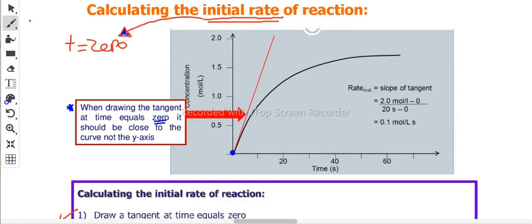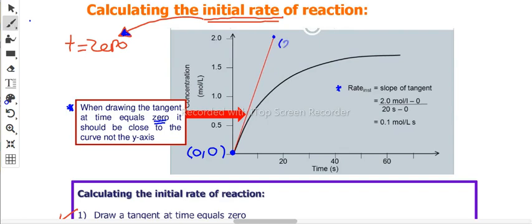After that, you will be calculating the rate, which will equal the slope. So here they took 0, 0 as a first point in the answer. And they took another point, which is actually right here, and this was given as approximately 2 and 20.